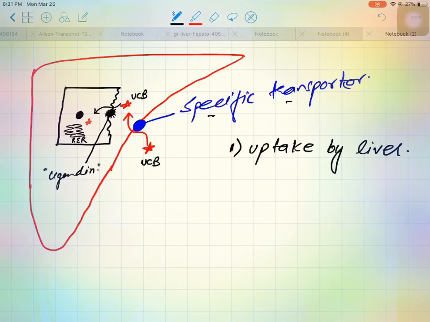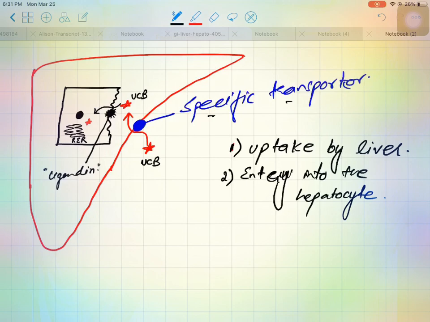Once it reaches the interstitium, it is taken up by the hepatocytes with the special receptor transporters. Ligandin transports the unconjugated bilirubin from the interstitium into the hepatocytes. So number one is uptake by the liver, number two is entry into the hepatocyte.